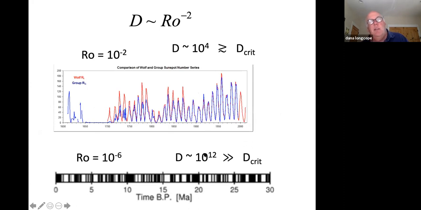Here's 10 to the minus 6, so a dynamo number, if I just square it and take the inverse, 10 to the 12 versus 10 to the 4, is just very complicated. So the sun is maybe driven just above its critical threshold, and the Earth's dynamo is way above its critical threshold. That's why we're getting such complicated behavior.